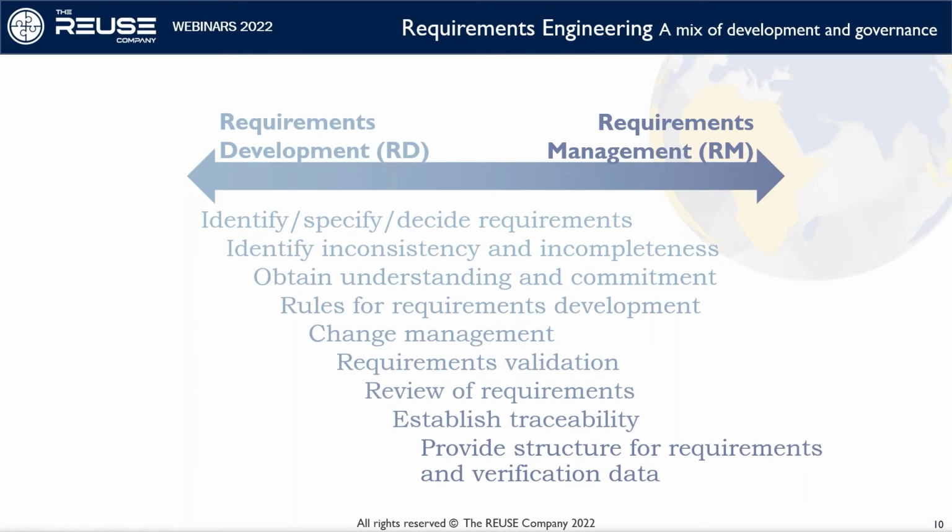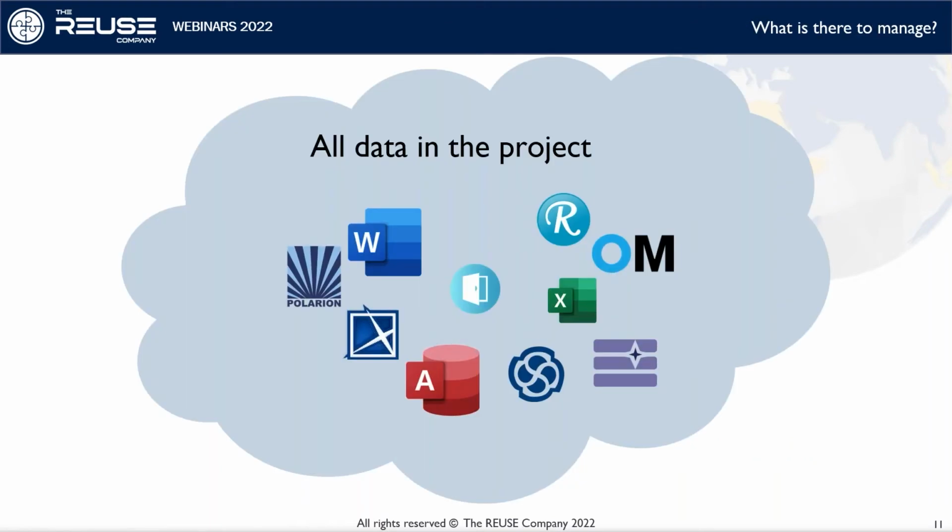So what data is there to manage then? Well, suppose you have some sort of project and this cloud would represent all data that is a part of the project's data. It may exist in different sorts of sets of tools here. If you would work with one single tool and you would say, well, we have these routines now to manage data inside an internal tool, you may need to define other ways to manage data in other tools.